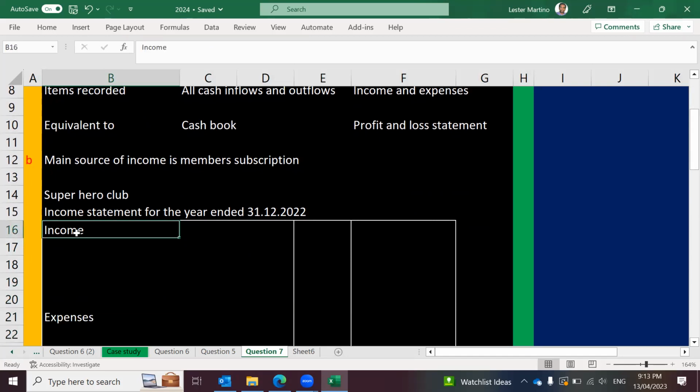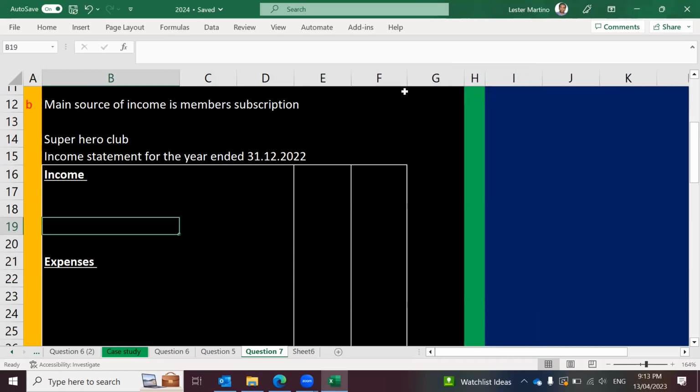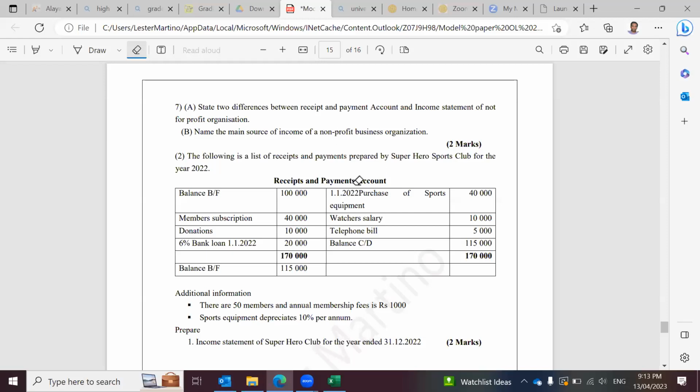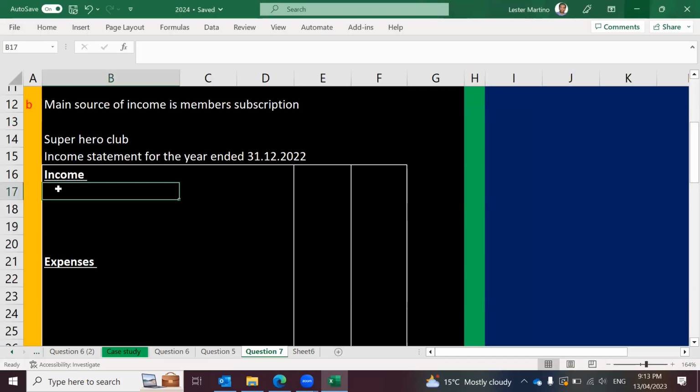Income, expenses. The first one is members subscription. So write it down. Members subscription.